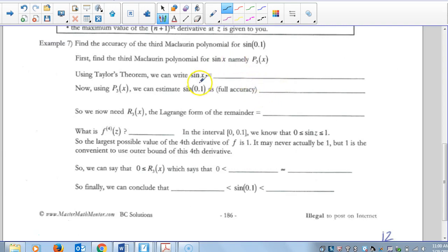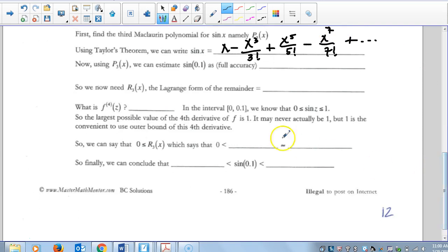So it says, using Taylor's theorem, we can write sine x. Now, of course, you have this committed to memory by now. x minus x to the 3rd over 3 factorial, and we're going to estimate accuracy by using a certain amount of terms, plus x to the 5th over 5 factorial minus x to the 7th over 7 factorial plus blah, blah. Don't really care about the general term for this because I'm actually just trying to find the error.